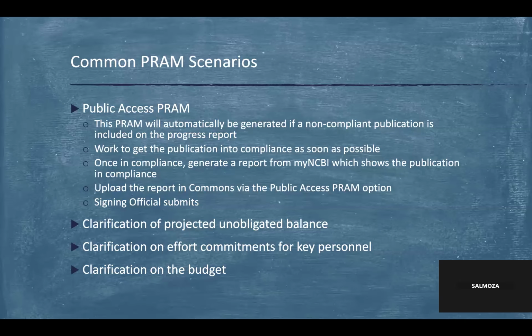Other examples, like I mentioned, perhaps you are saying you're not going to have a 25% balance, but it looks like you have way more than 25%. You might need to clarify that. In those scenarios, a lot of times it's because of late invoicing. So say you have a sub and they have a large budget, but they have not invoiced you in 8 months.